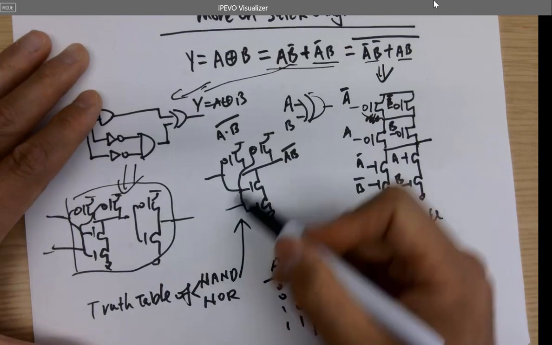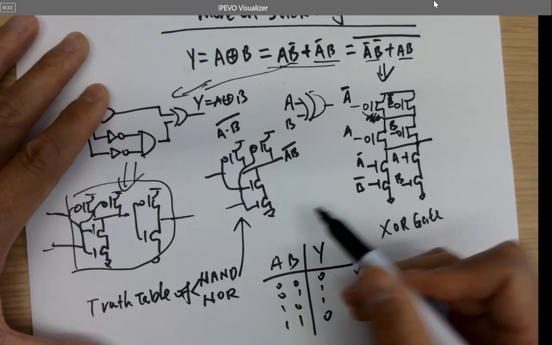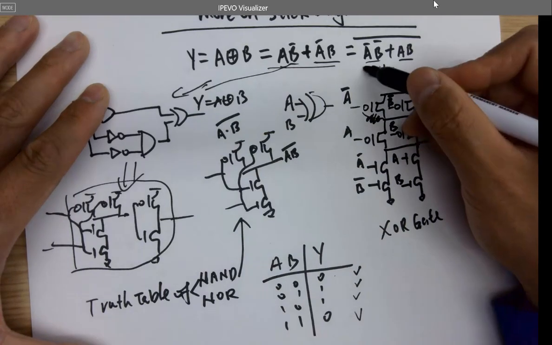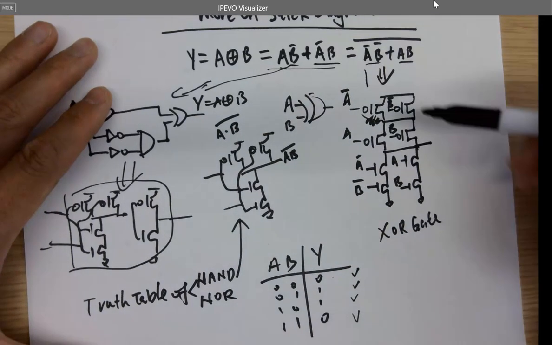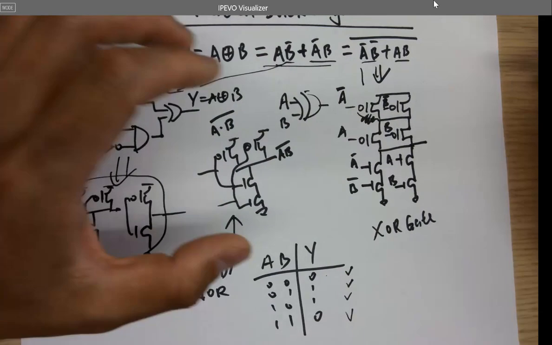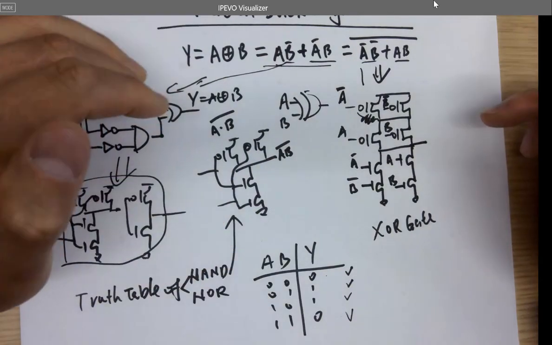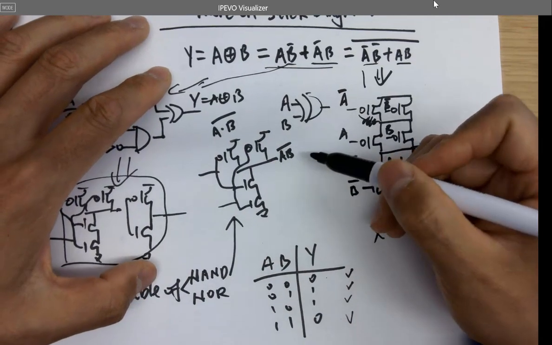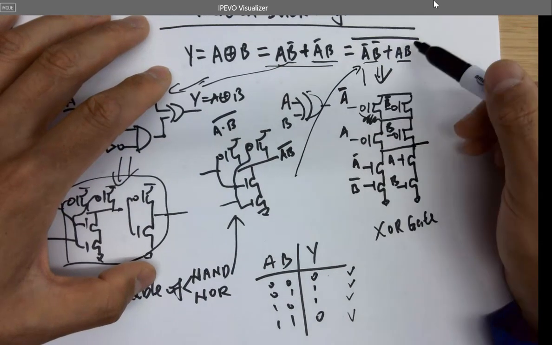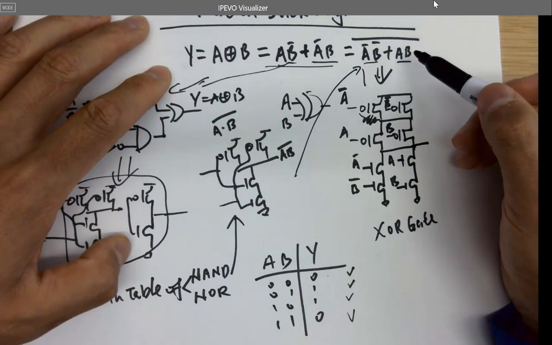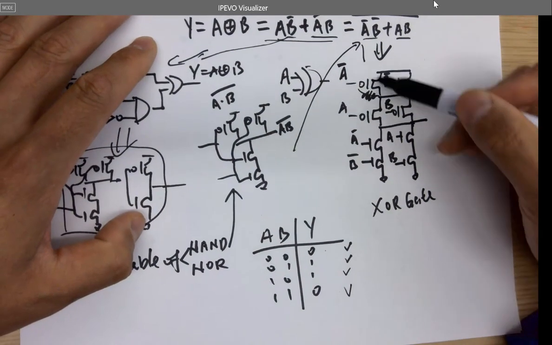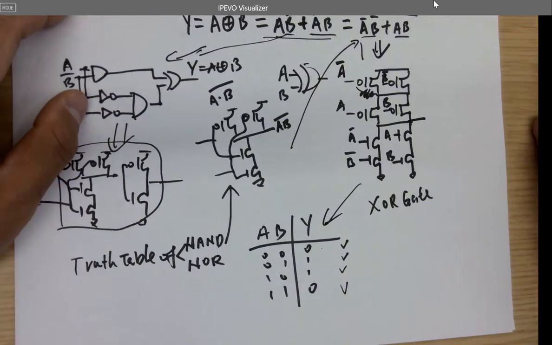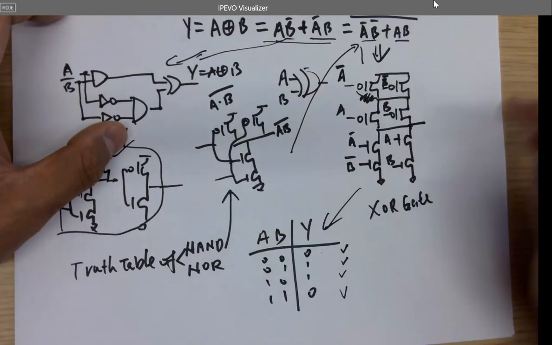Since we know that works, eventually we directly skip the truth table, and it's also impossible to look at the truth table of the complicated logic and design a circuit from there. So we skip the truth table, but since we know the conclusion already, we just directly look at the logic expression, and then we know it's going to work. If you want to verify it, you can still go back to the truth table and verify it.